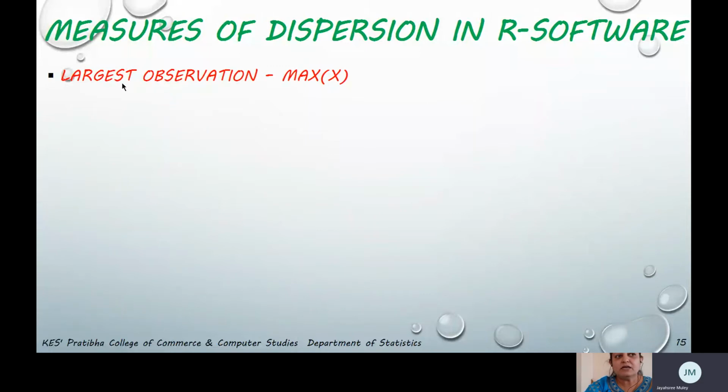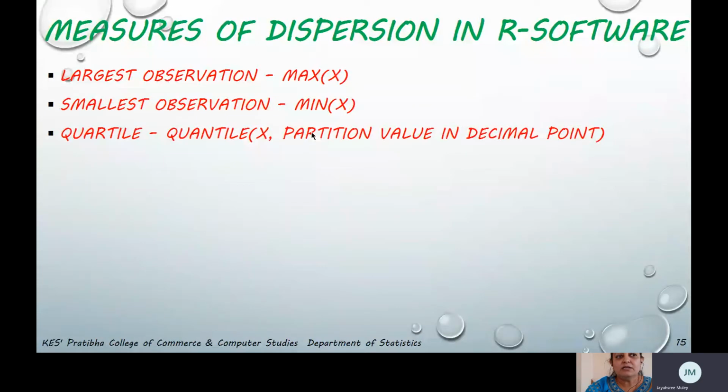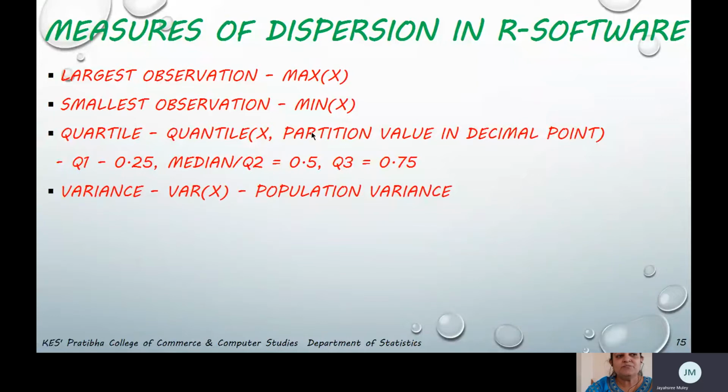For this we require the command as largest observation for the range which is taken by maximum of x, the smallest observation which is minimum of x, and the next command we require for the quartile is quantile x comma partition value in decimal. So suppose we have to calculate the first quartile, we will write it as 0.25, second quartile or median if we want we write it by 0.5, and third quartile we will write it as 0.75.